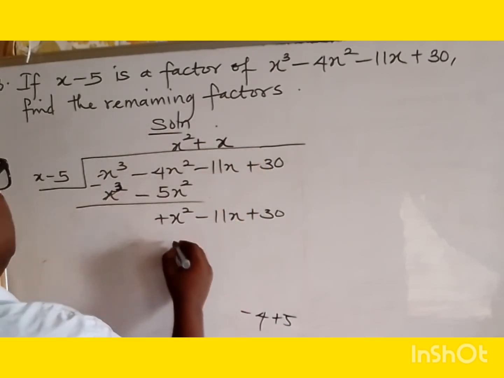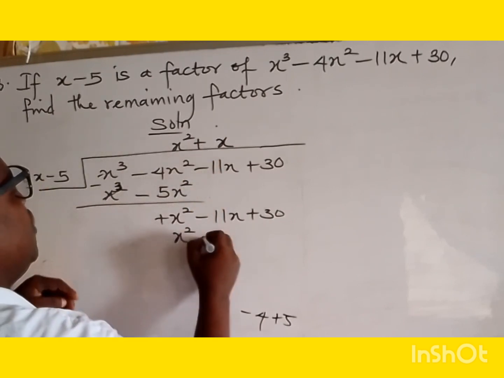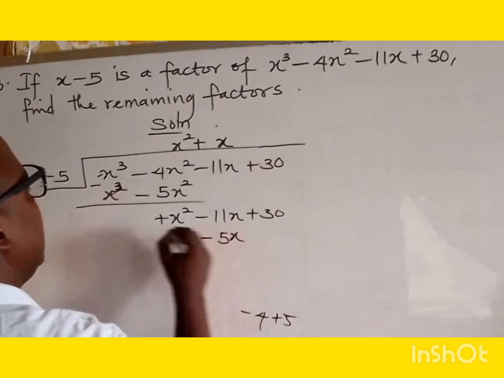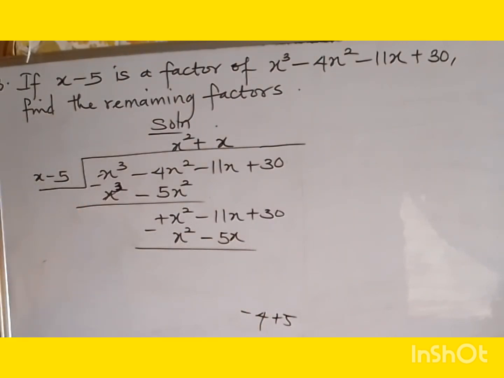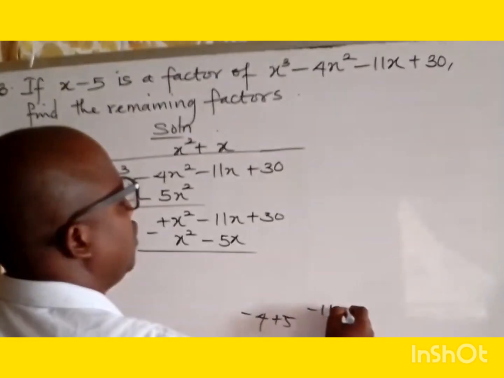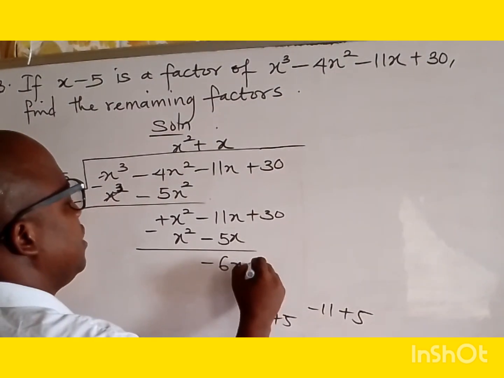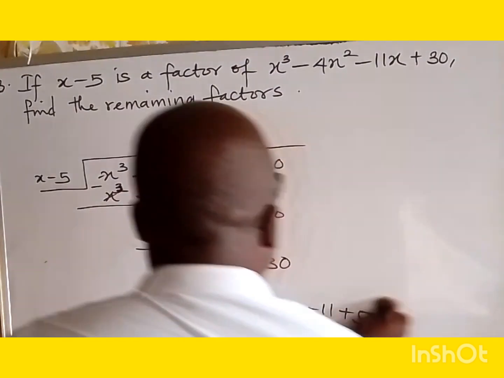Then multiply: I have x squared here, and plus and minus will give us minus 5x. Then we subtract. If we subtract, x squared will be eliminated, and we are going to have minus 11 plus 5. That will give us minus 6x plus 30.